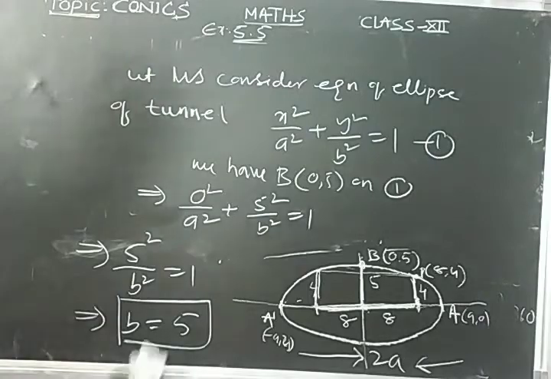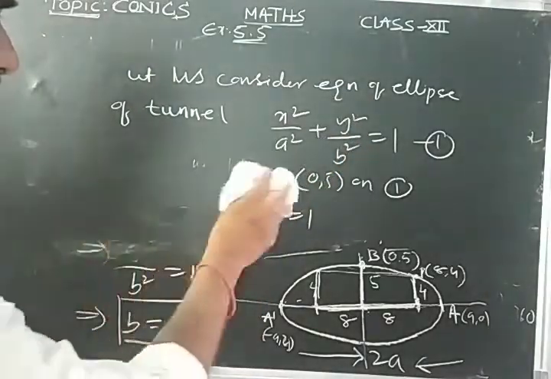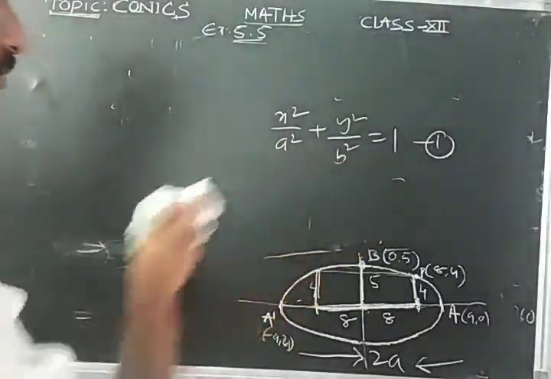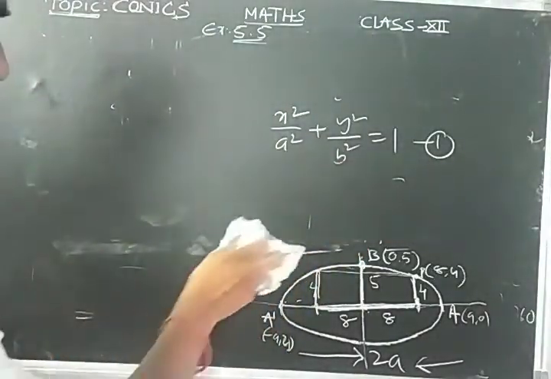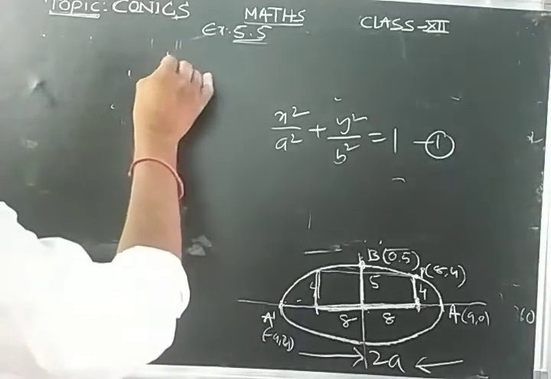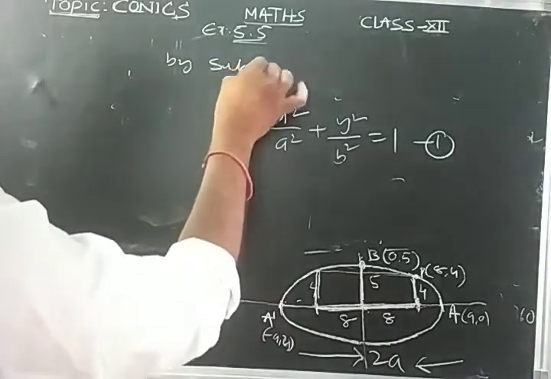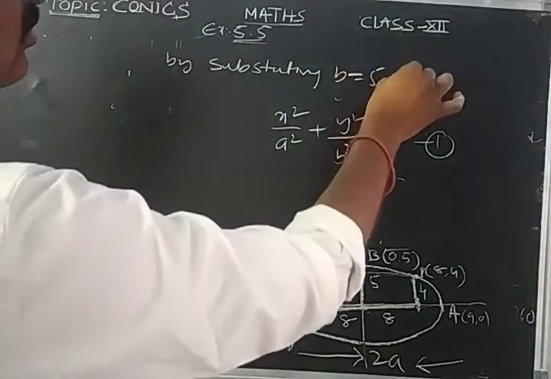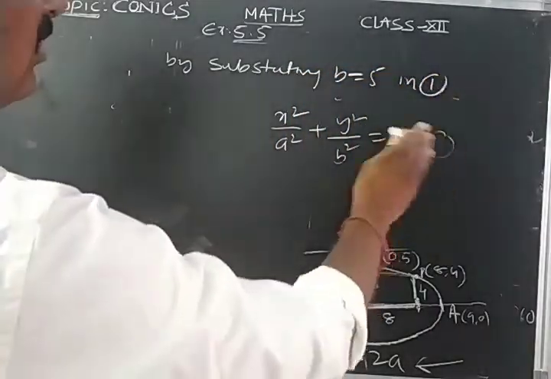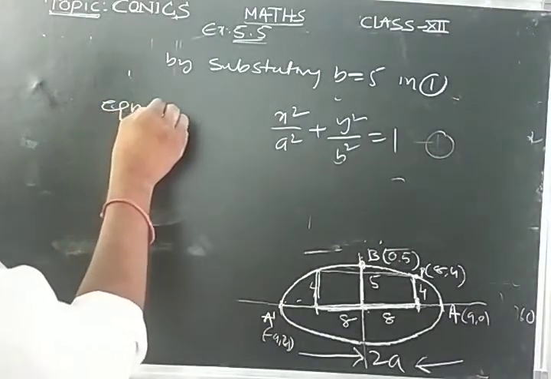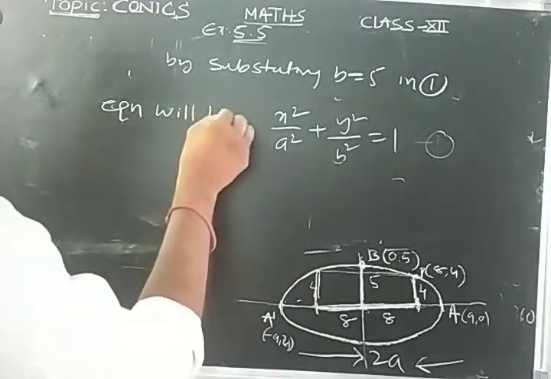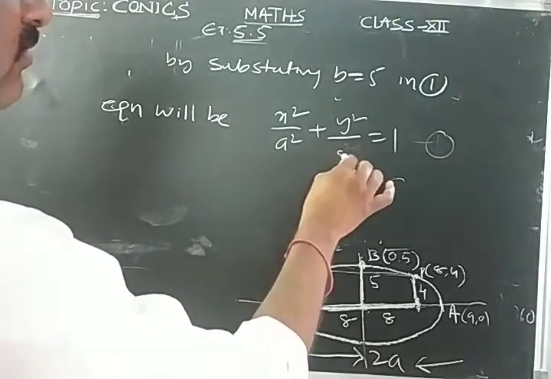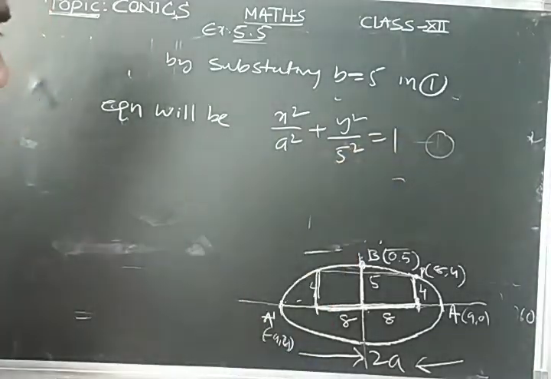After substituting b equal to 5 in the equation, it will be x square by a square plus y square by 5 square equal to 1.